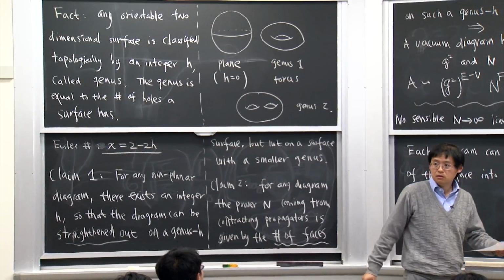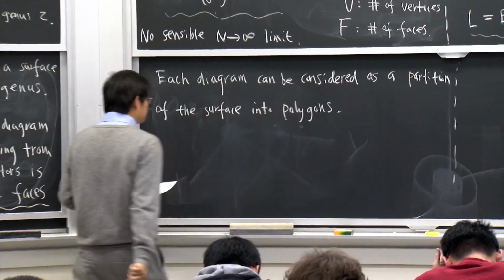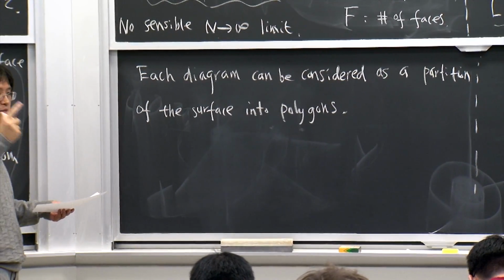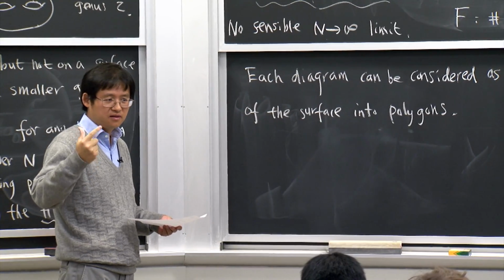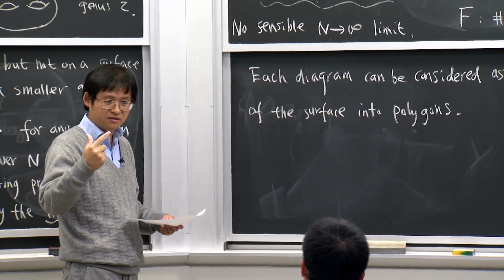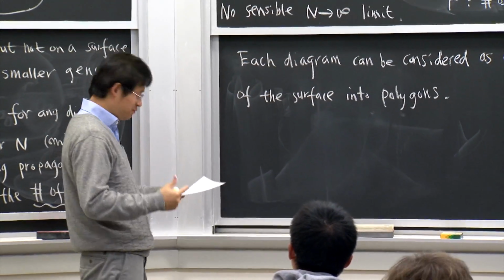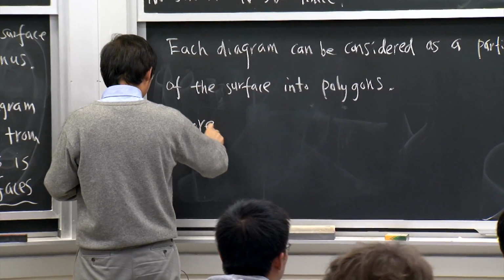So now, once you recognize this, you can use a famous theorem due to Euler. Some of you could have learned it in high school. So this is a theorem.